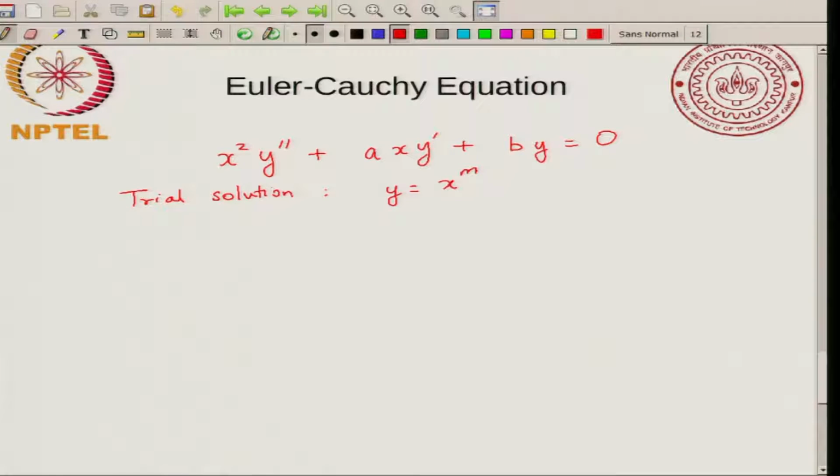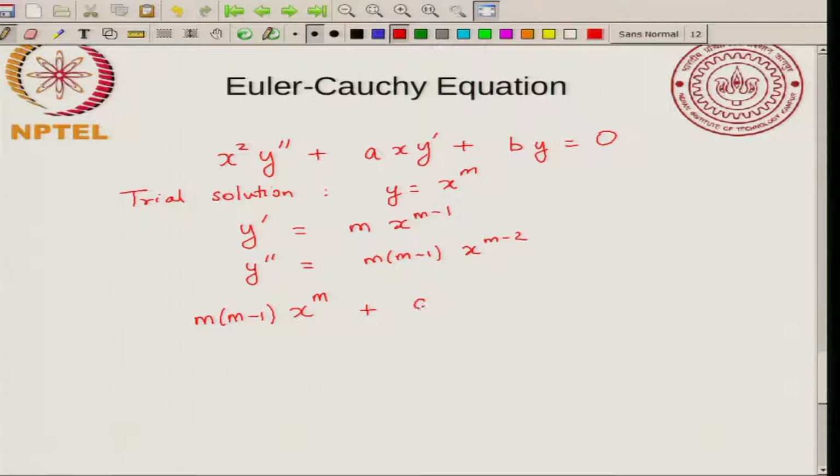If you try a solution of y equal to x raised to m, then y prime is equal to m x raised to m minus 1 and y double prime is equal to m times m minus 1 x raised to m minus 2. Now, if you substitute in this equation, x squared times y double prime will give you m times m minus 1 into x raised to m.